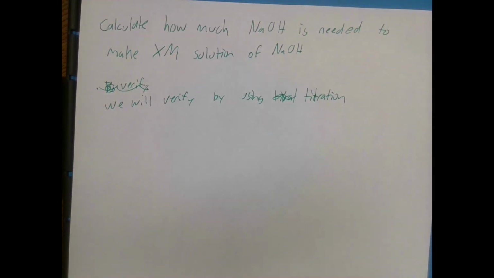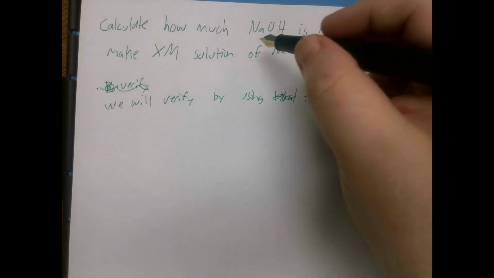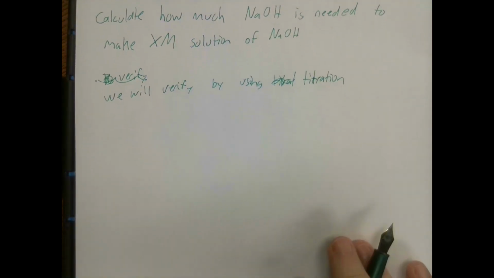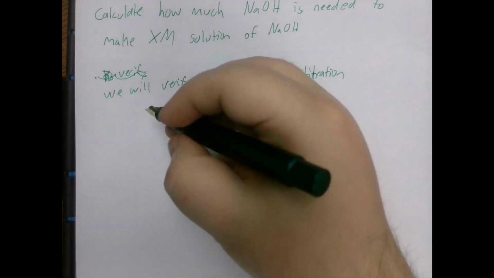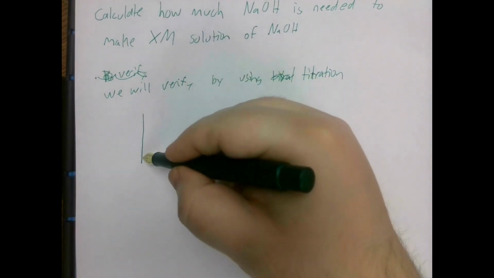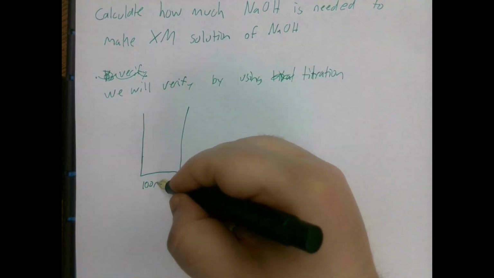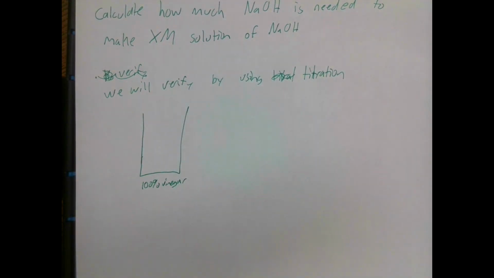Titration, remember, is a method for figuring out molarity. Even if we didn't know how much this was, we could use titration to very accurately figure it out. And how I plan on doing it is with vinegar. I do have some 100% vinegar, which is very dangerous.